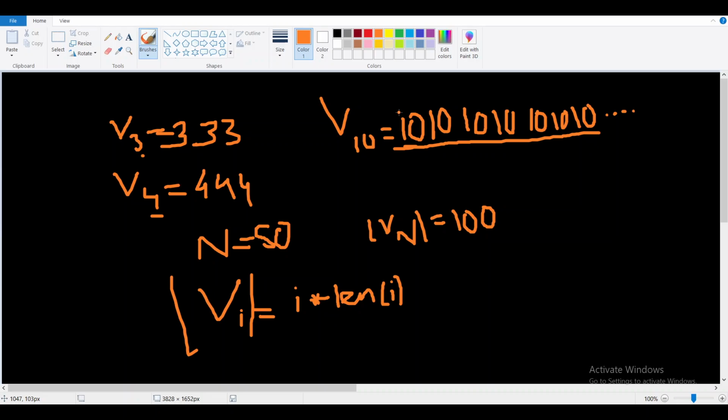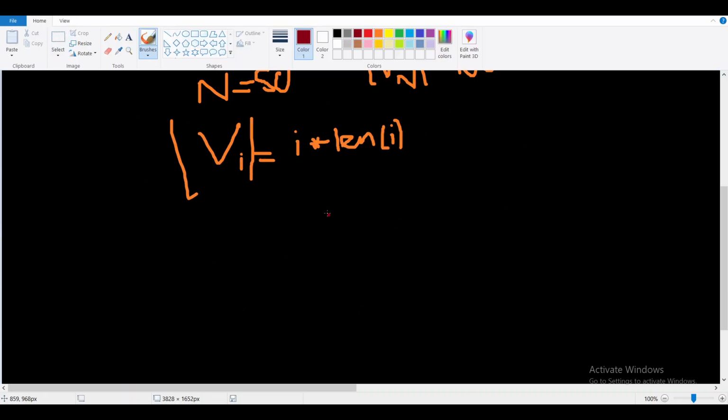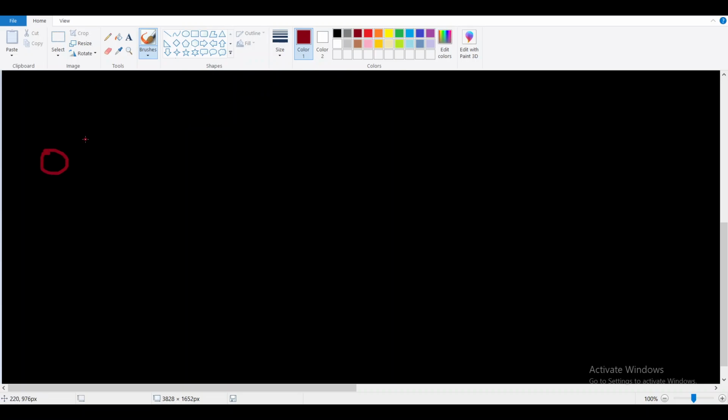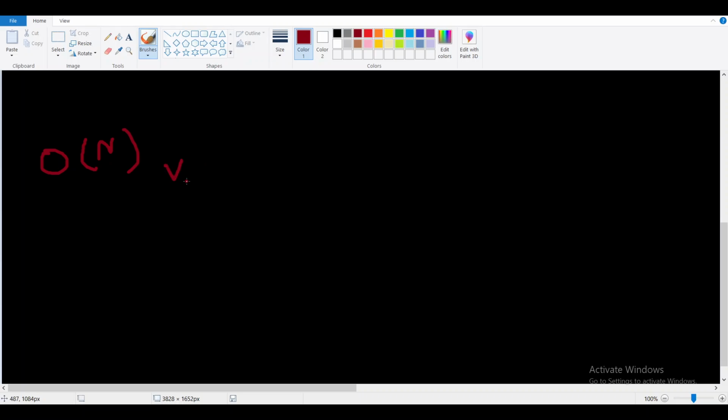Let's try to solve this problem in order of n time complexity. Now how can we write Vi? Let's try to write V3 in powers of 10.